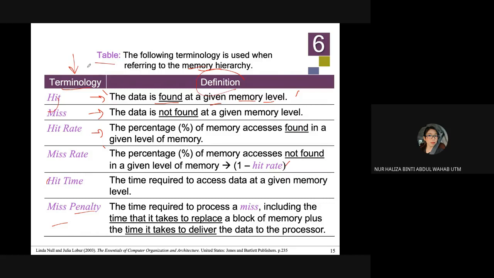Because sometimes maybe you will be asked a question, what is the process for a miss? So you need to explain it. If you understand, then it's easy for you to organize your own sentences.